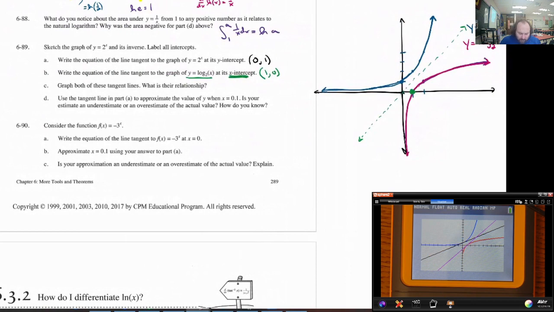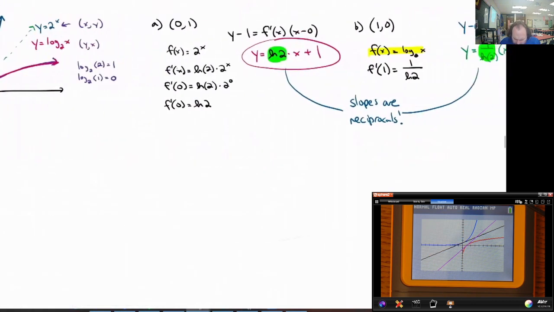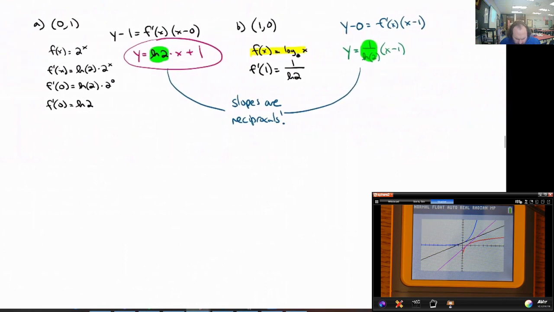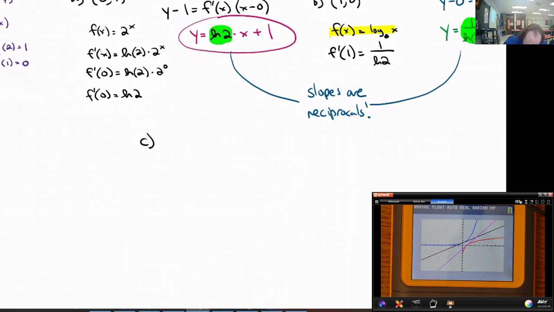Question C says to graph both these tangent lines, what's their relationship? Are they inverses of each other? I think they might be. Let me just try a thing really quick. This is for question C. If I start with this line here, y equals natural log of 2 times x plus 1, and I switch the variables, x equals natural log of 2 times y plus 1, using my colors to keep track of what's going on.